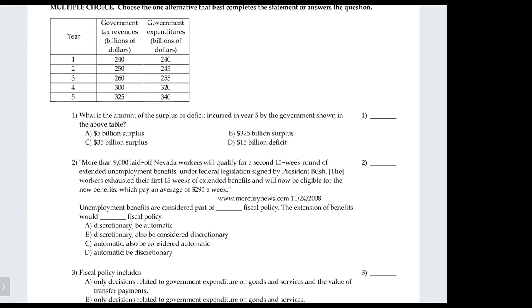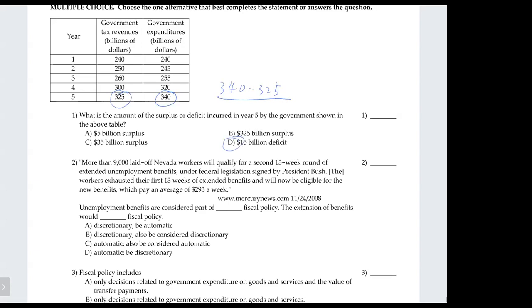So the expenditure exceeds revenue, so the government is running a deficit. And how large is the deficit? Use this number minus this number. Okay, 340 minus 325. That gives you 15. Okay, answer is D.